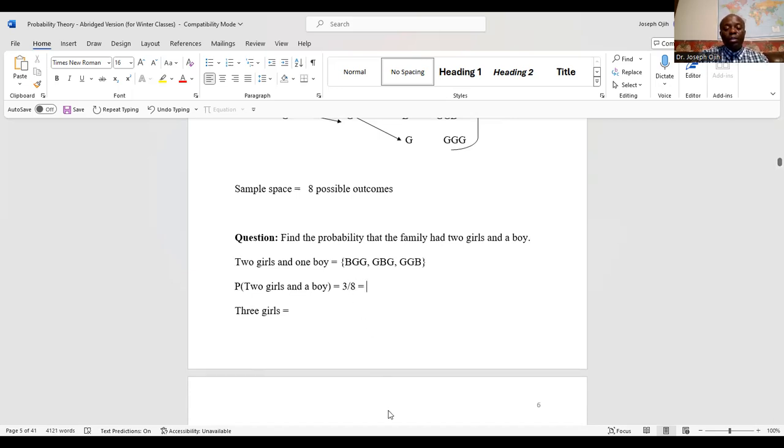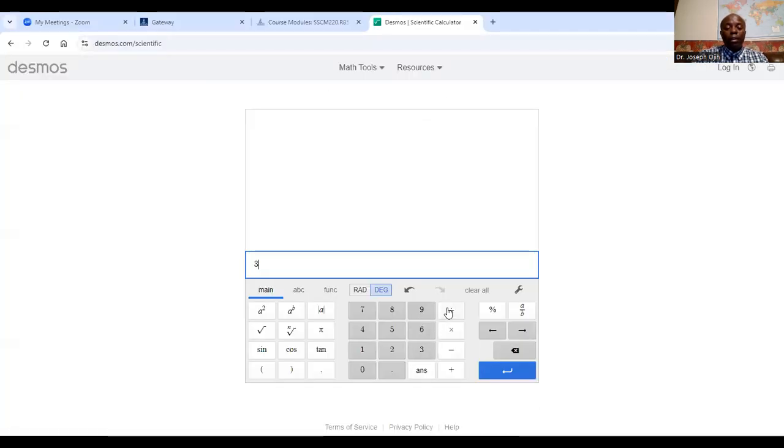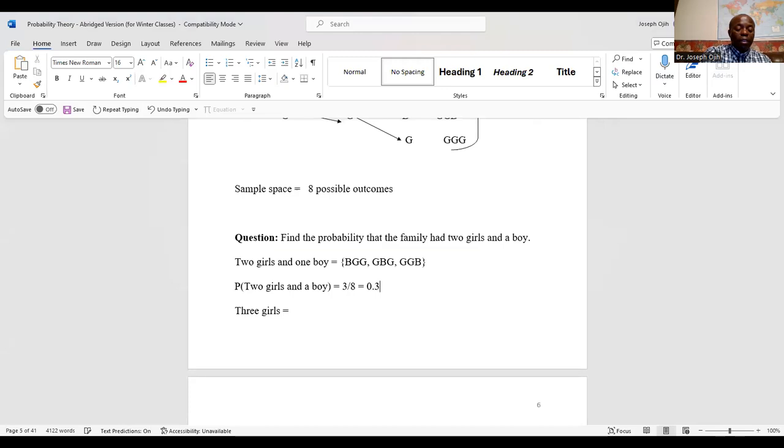That means 3 divided by 8, which is 0.375. Or if you like, you can call it 37.5%.